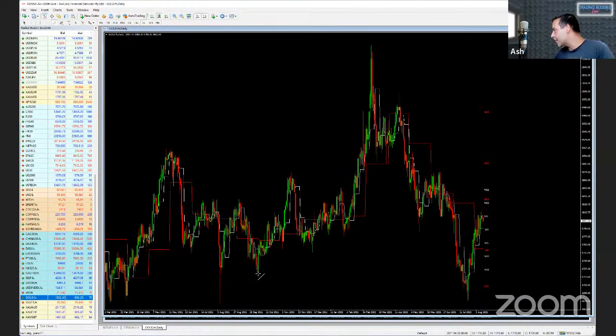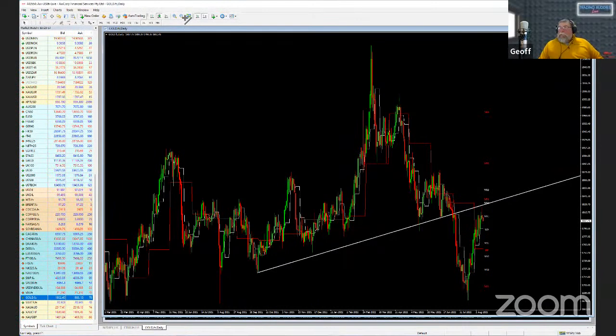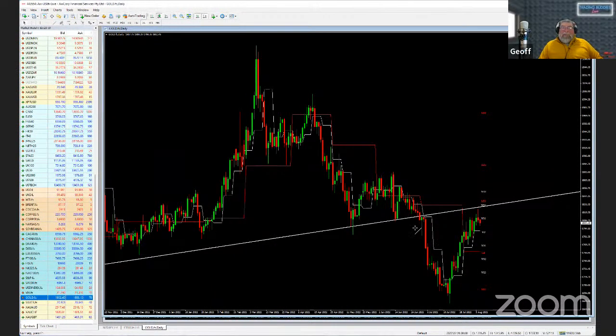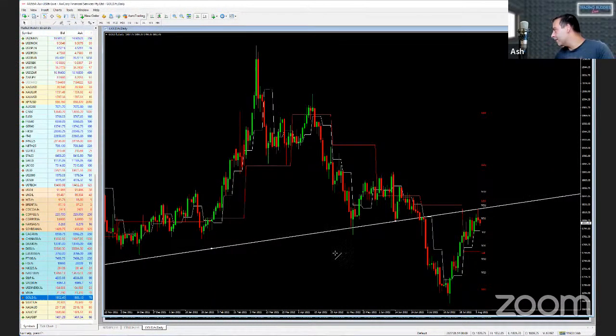We seem to respect technical levels with gold, and there is potentially a level along here. You thought it might have crept through the most crucial level, but I think it probably has. This is some of the issue with this stuff: there's a lot of lines, a lot of areas we could focus on.